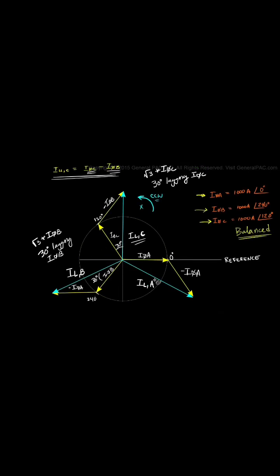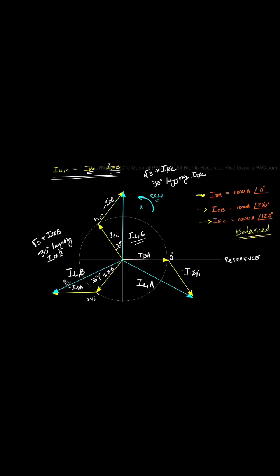Now in this diagram, I quickly redrew our line current A like we did in part 5B. So this is the complete phasor diagram. We see phase A current is here, phase B current is here, and phase C current is here. And in blue is the current A, this is line current B, and this is line current C. We'll see that the line currents have the same magnitudes.